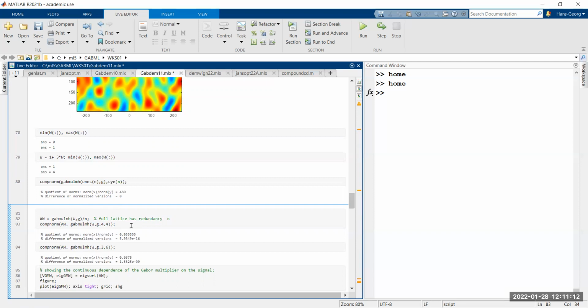And now I'm comparing this with the Gabor lattice with the same weight and with lattice constants 3 and 6. And what you see here is these numbers, maybe I'm doing it in the opposite direction. So the AW is already in the normalized version, and the other ones with small lattice constants, and you can vary it now.